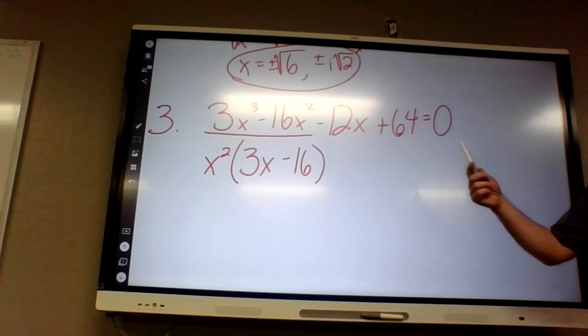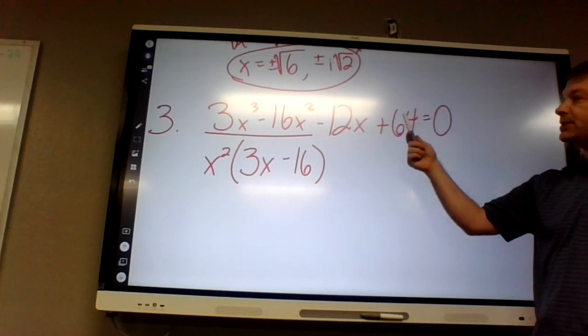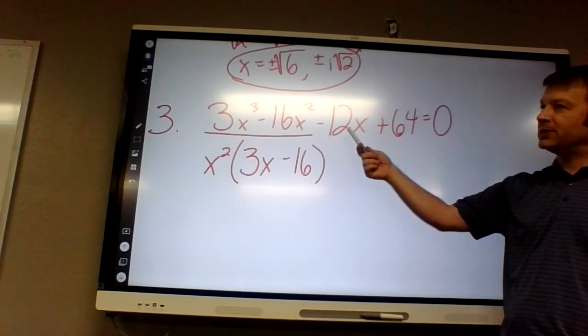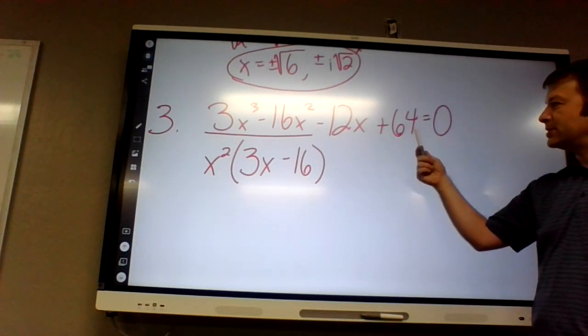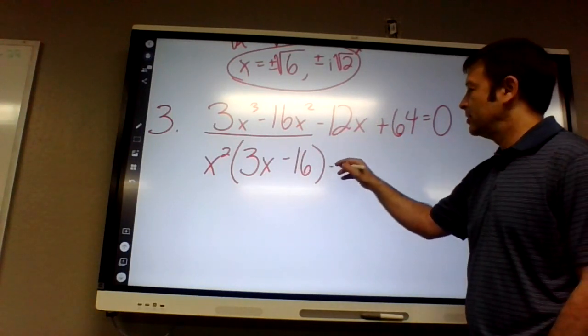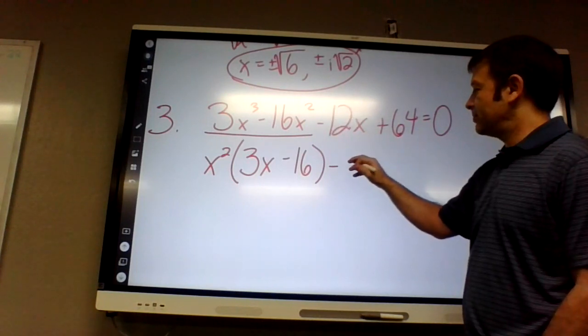Does 12 go into 64? No, 12 times 5 is 60. What's the next biggest thing that goes into 12? 6. 6 doesn't go. Next is 4. So since that middle term is a minus, we'll take a minus 4 out.